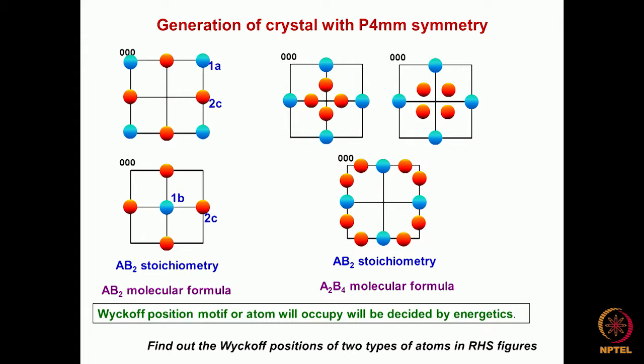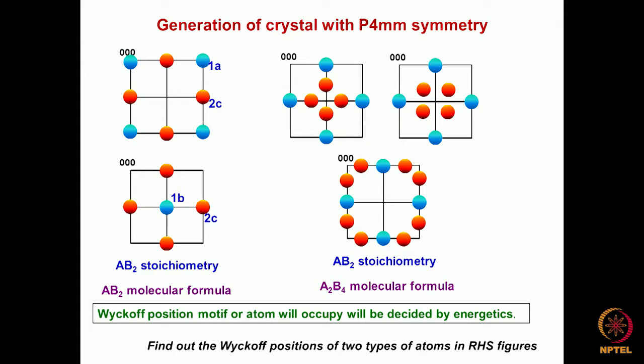It is not possible to occupy A position and B position simultaneously for the AB2 structure. For AB2, the first one has one A atom in the unit cell, that is the molecular formula, with only 3 atoms in the unit cell. That is one consideration.